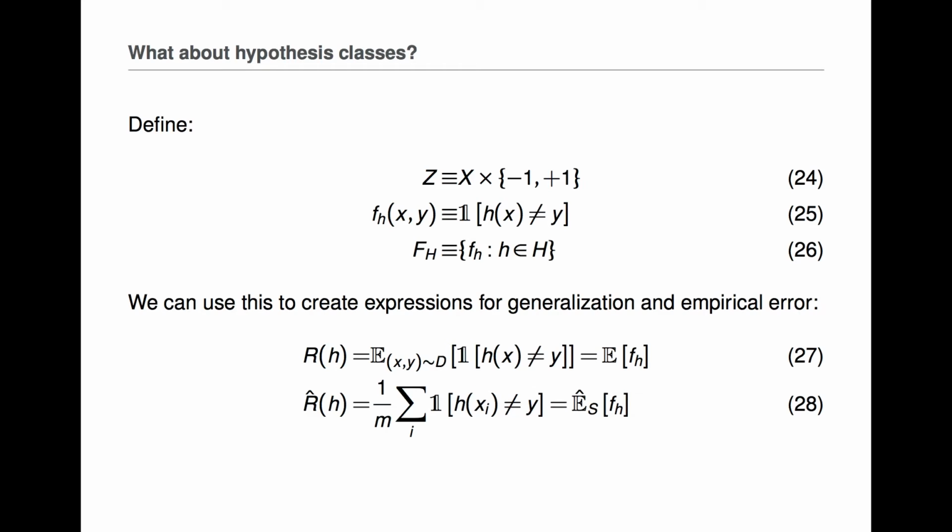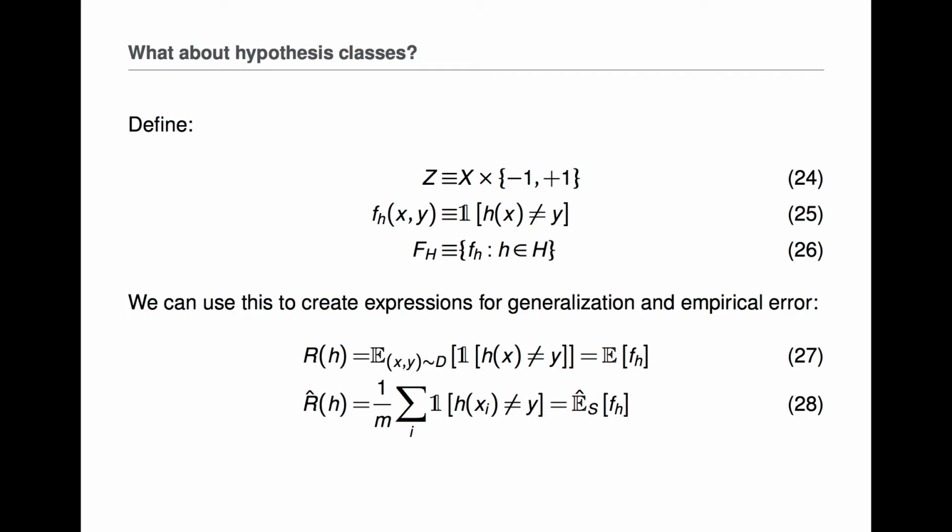And so this now becomes our family of functions that we were talking about before in very general terms. And this quite easily leads to expressions for generalization and empirical error. You can have generalization if you take x and y distributed over your whole data distribution, and you can have the empirical error by just taking the expectation on a particular set.